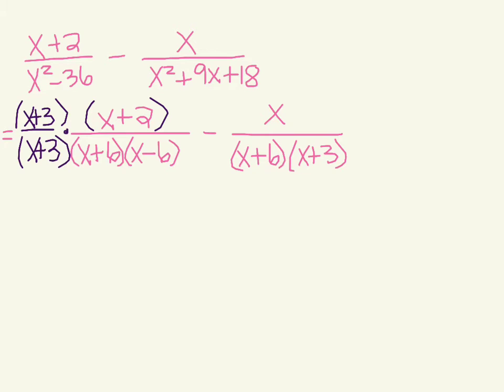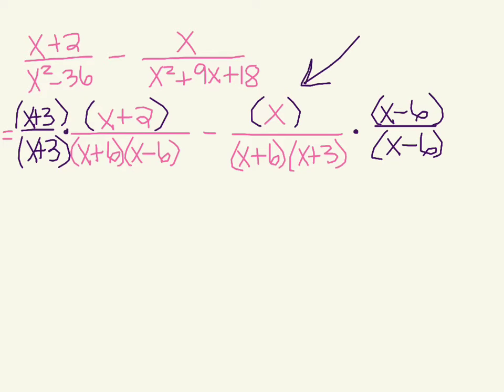So I'm going to go ahead and multiply my second fraction by x minus 6 over x minus 6. And again, I'm going to add parentheses. Notice that here with the x, I didn't technically have to put the parentheses. However, it's a really good idea to, because if that was a bigger expression than just an x, and you did not put your parentheses, you'd run into issues.